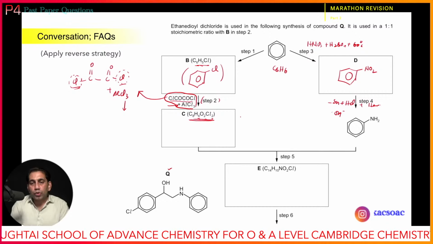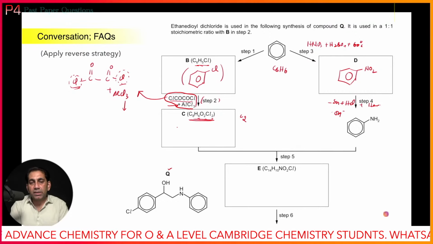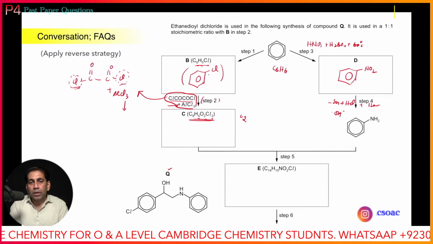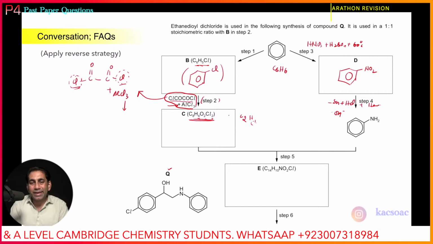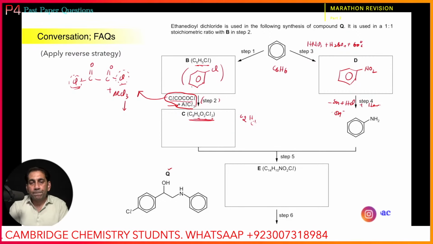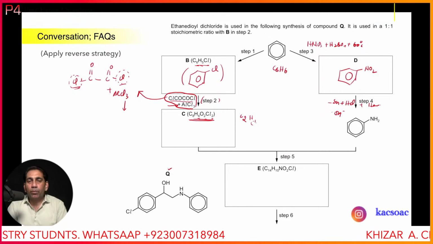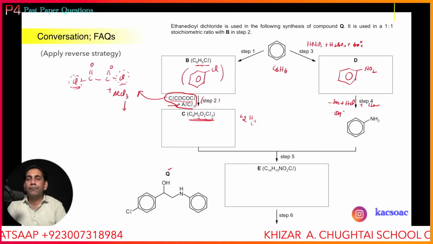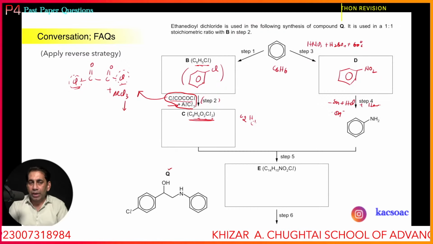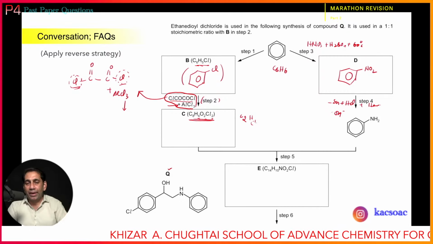There are two more carbons, C6 to C8, and one less hydrogen. I mean, if the benzene is going to change into a compound and the formula is having one less hydrogen, then simply it means it is going to give electrophilic substitution. It's replacing its H and it is going to have another group.